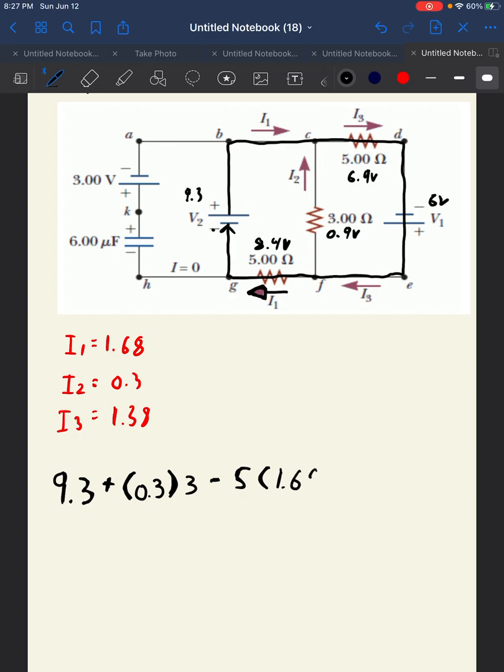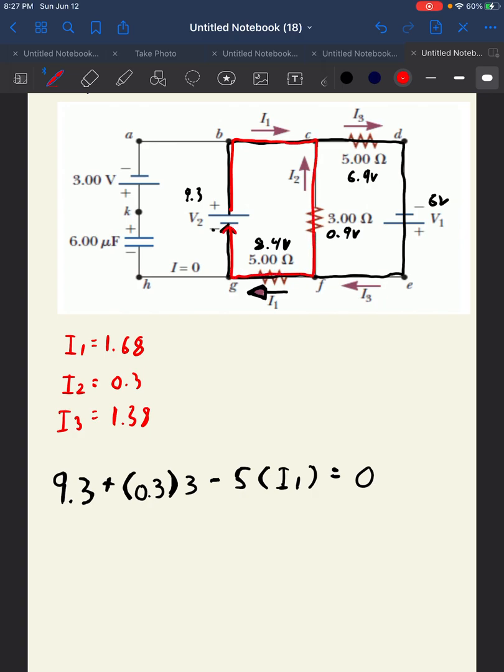Oh no, we're solving for I1, I forgot. Because if we wanted to go back and solve for I1 without using matrices, I1 then equals 0. And then just solve algebraically, and you should be able to solve for I1 by using this loop right here, which I just used one of the old equations for.